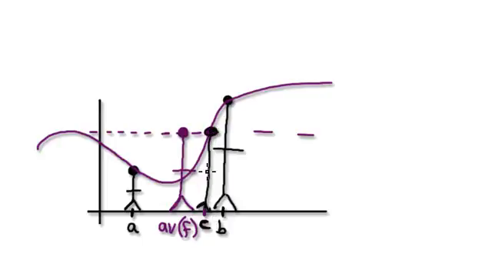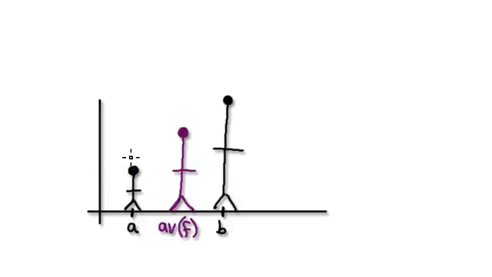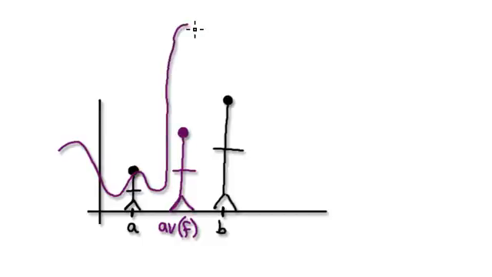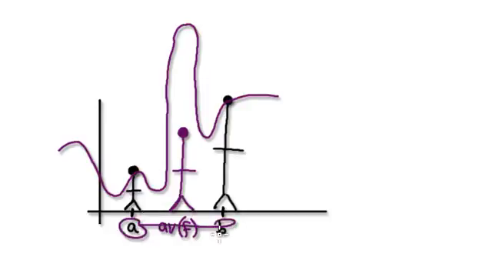So that's this bit here. Okay. So if you have any continuous function, let's say something like this, somewhere in between A and B, there exists a C where our average height lies. So here, there exists a C here.